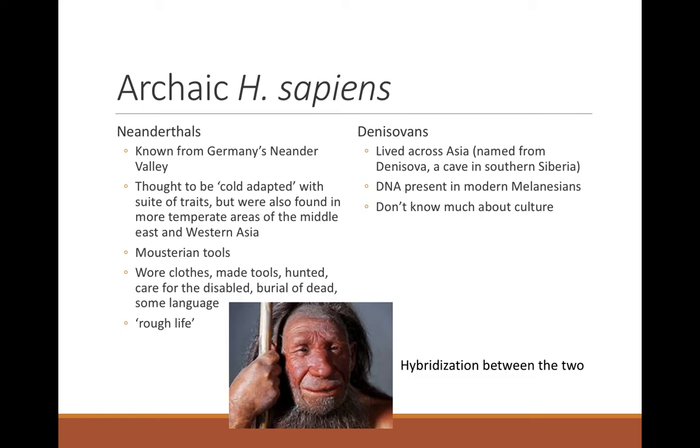Relatively recently, we have found one female child that is a hybrid between Neanderthals and Denisovans. So typically, historically, we've thought of these as two distinct populations, but there's now evidence that there was hybridization between the two, and of course, genetic evidence that we had hybridization of each with modern Homo sapiens as well.